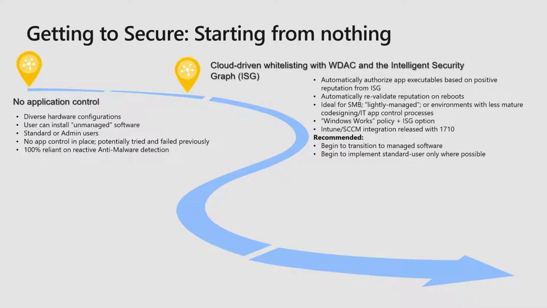And we use that as a starting bar for application control. So imagine going from a world where you're trusting everything to one where it has to pass this bar of reputable software. It's a huge step up from nothing.